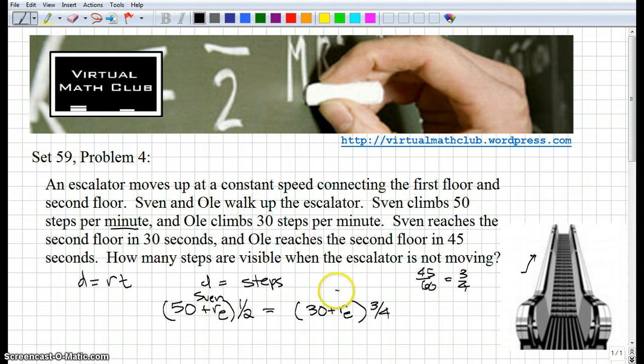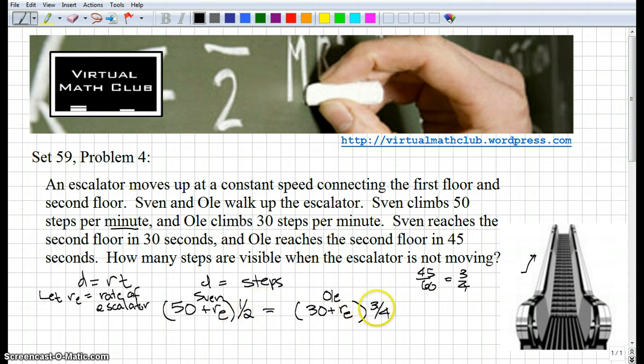Now you can see this is a pretty straightforward equation to solve, because we only have one variable. We have this RE, the rate of the escalator. So let RE be the rate of the escalator. Let's solve for it.